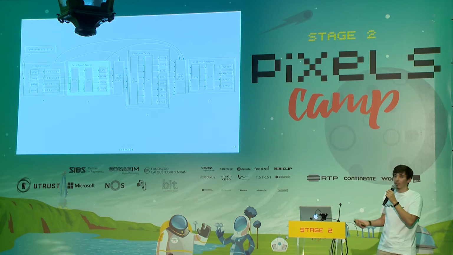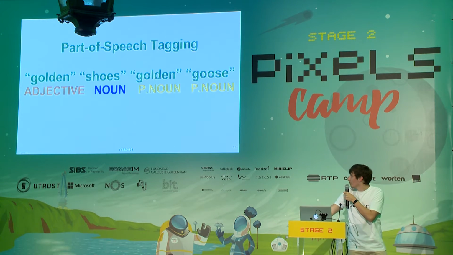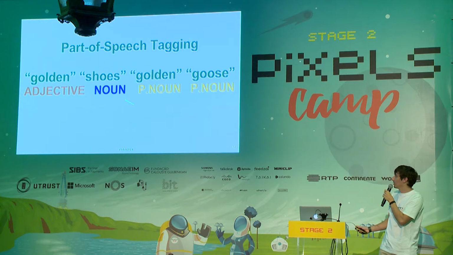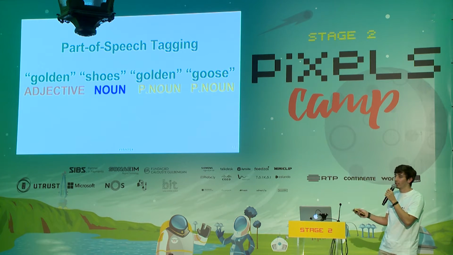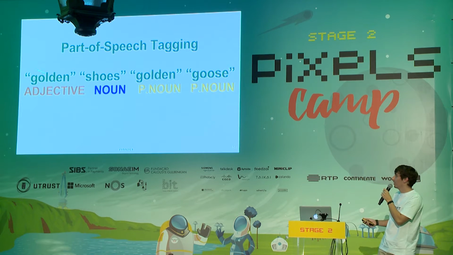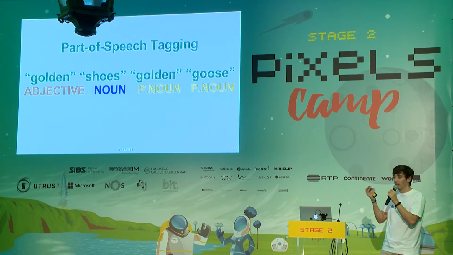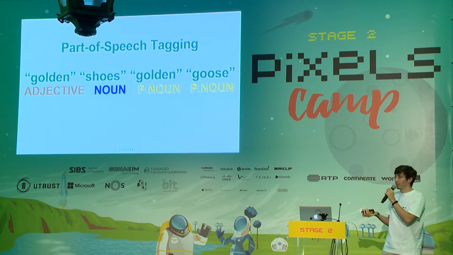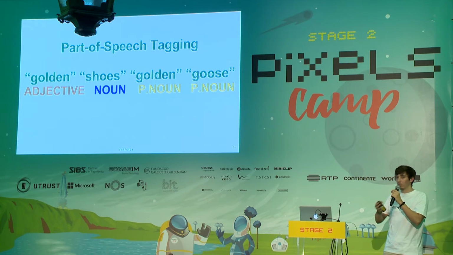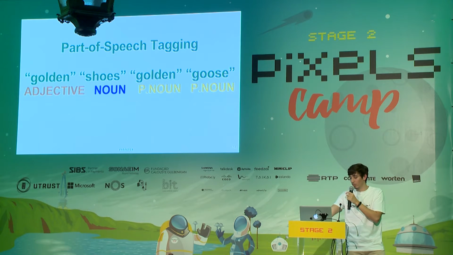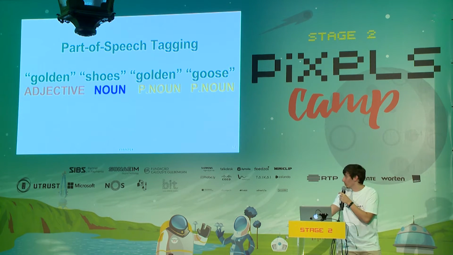So we train a machine learning system to give me the part-of-speech tagging for each word. This model would say for each one of the words, what's the syntactic representation? And you can see that right here, you start to be able to distinguish those 2 words, because you know that in this case, this is an adjective, and this is a proper noun. And proper nouns are normally used with brands, and adjectives are normally given to colors, for example, or attributes to nouns.